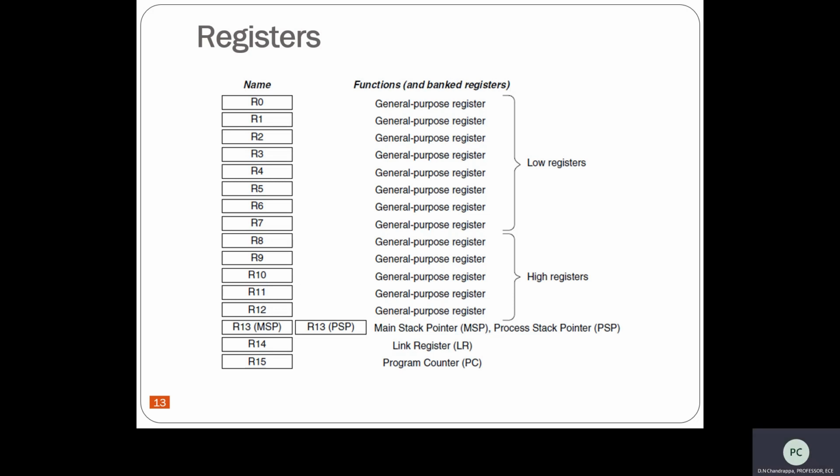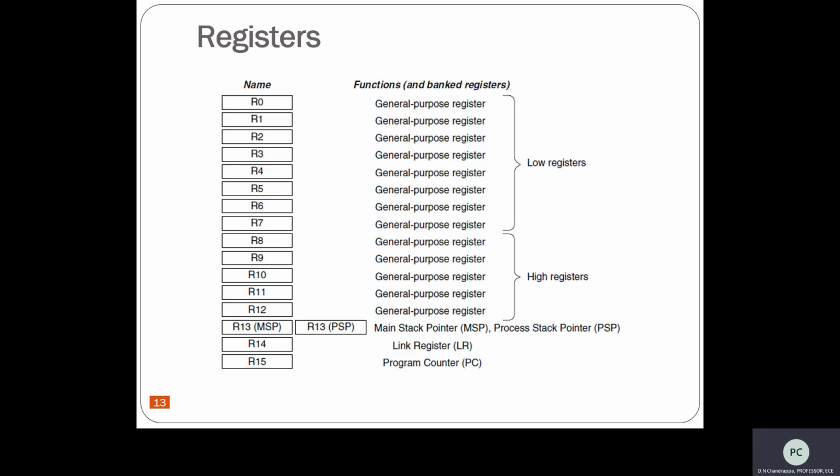And R0 to R12 are the general purpose registers. These are all 32-bit registers for data operation. Some of the registers can be accessed by 16-bit instructions, a subset of these registers, called low registers. R0 to R7 are called low registers.